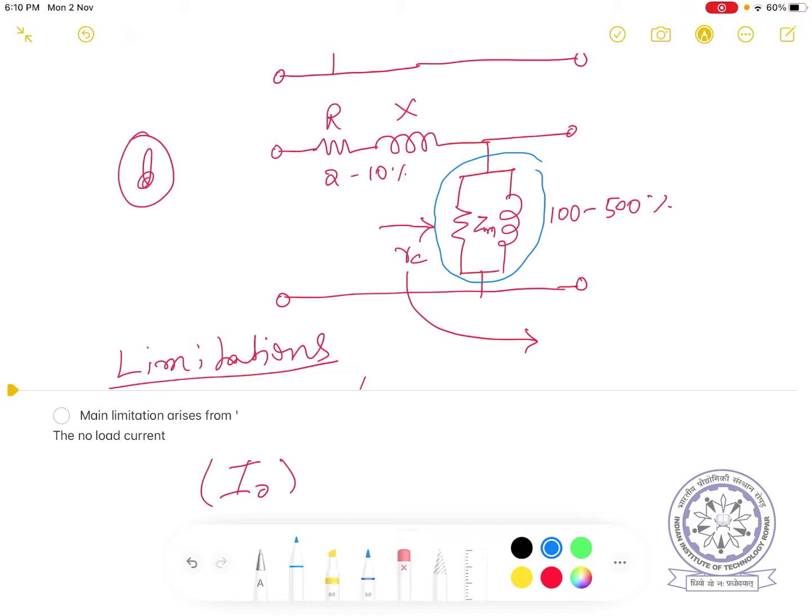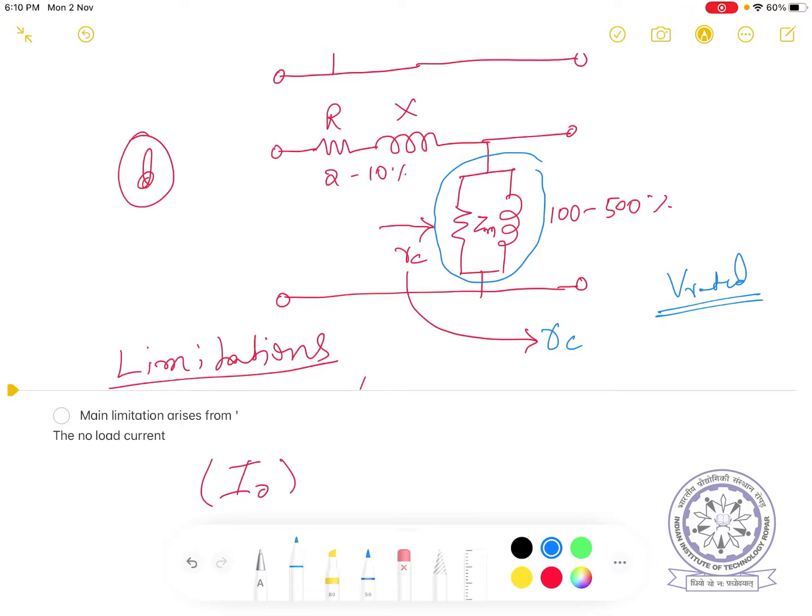This no load test is normally conducted at rated voltage. In that case, based on the losses that occur, we determine the value of RC. Therefore, the estimated RC value depends on the voltage.